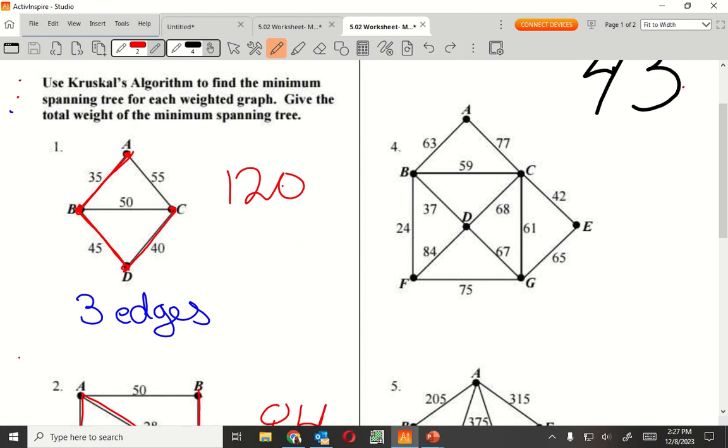All right. This next one. I love this next one. 1, 2, 3, 4, 5, 6, 7. So, how many edges? 6 edges.